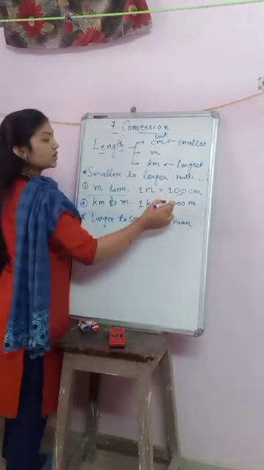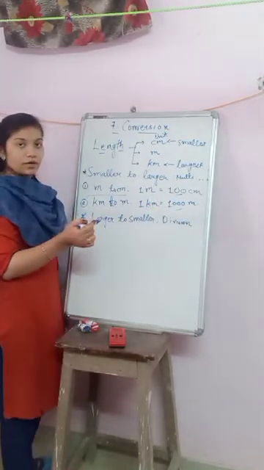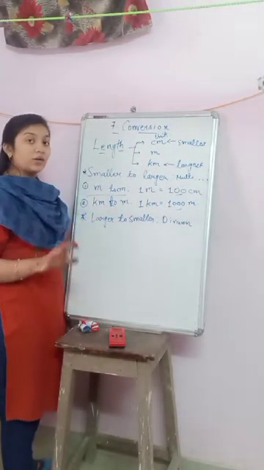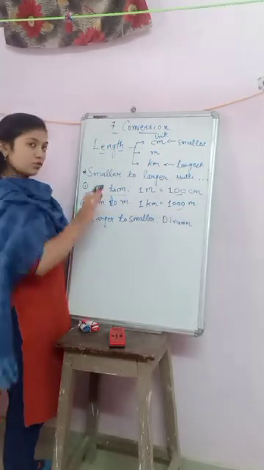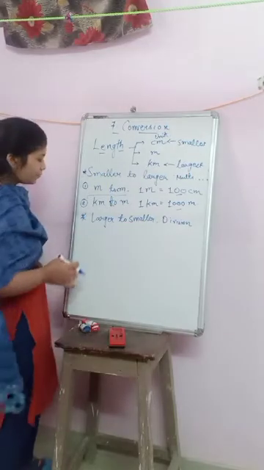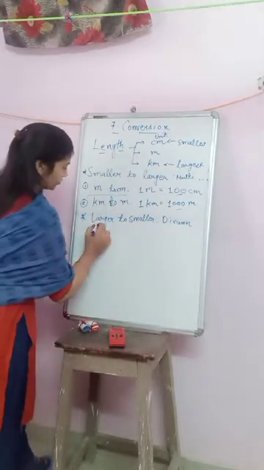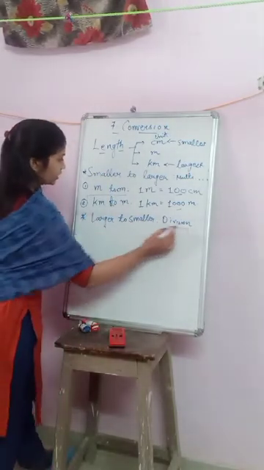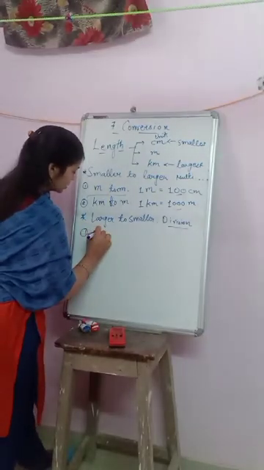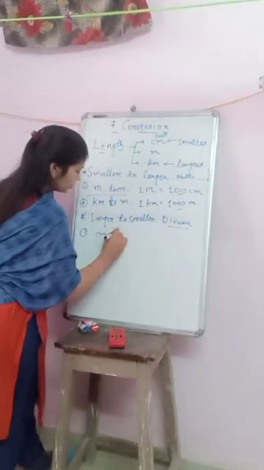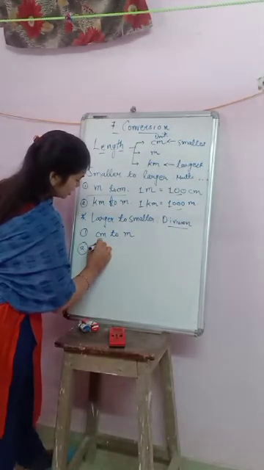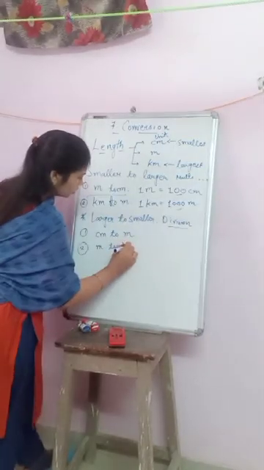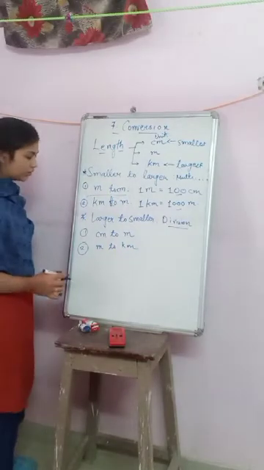Means the way we multiplied by 100, multiplied by 1000, in the same way we divide. Divide by 100, divide by 1000. I will also show the examples of them. Okay, first, larger to smaller we are doing a division. First conversion is centimeter to meter and second conversion is meter to kilometer, right?